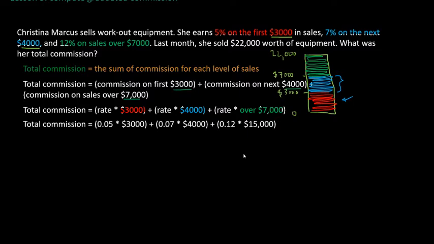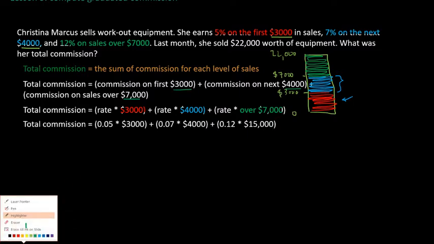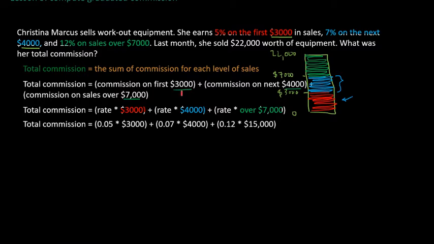So when I plug that in, here's what that looks like. Let's go through this chunk by chunk. So remember, she earned 5% on the first $3,000 in sales. So she earned 5%, 0.05, on the first $3,000 in sales. So this little piece within the parentheses is representing that chunk of red on the graph, okay?